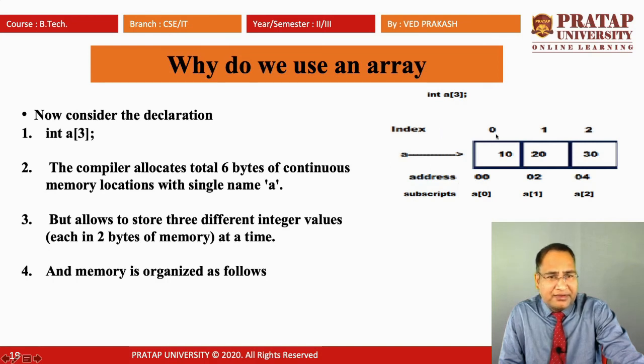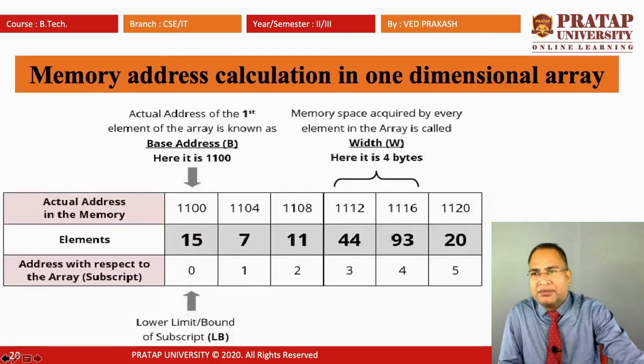Here this denotes the index of an array: 0, 1 and so on. The compiler allocates a total of 6 bytes of continuous memory with the single name A, but allows us to store 3 different integer values, each in 2 bytes of memory, and memory is organized as mentioned here.